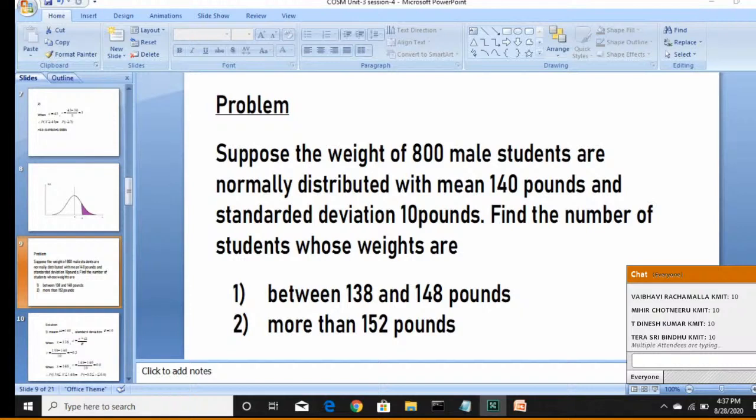Probability between 138 and 148 you are supposed to find out. Probability is correct. Yes, Durga. Now you find out the number of students whose weight. All of you try, then I will show the slide. Where you are missing, you can find out.